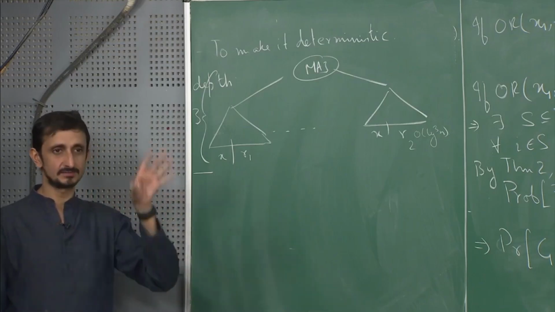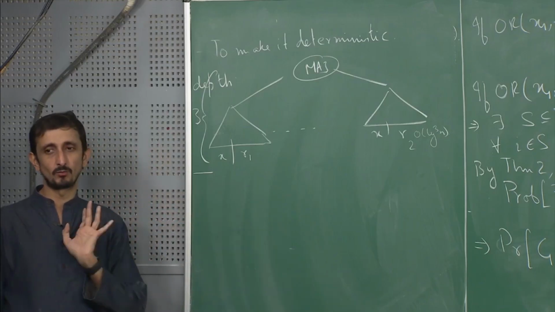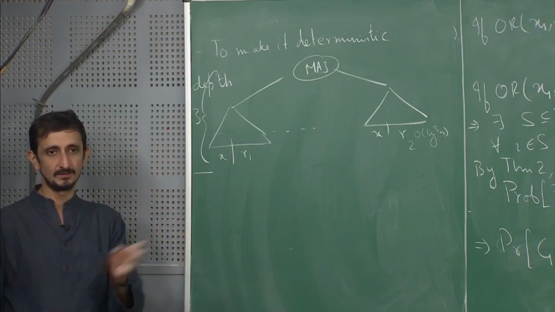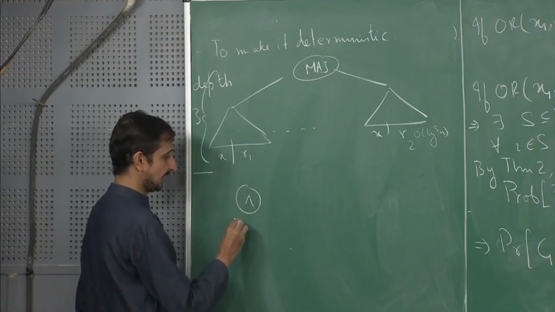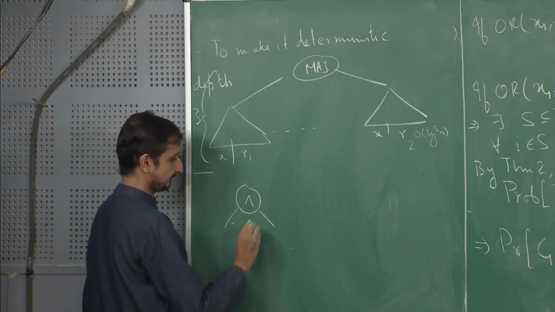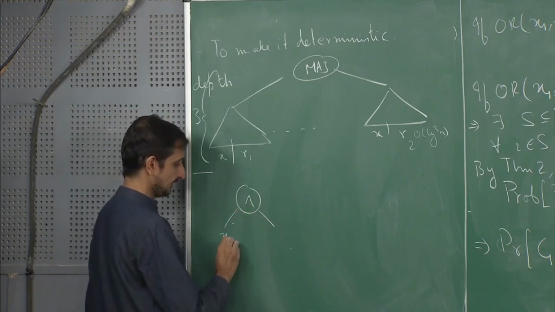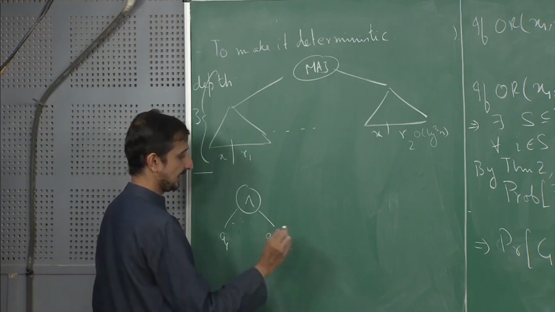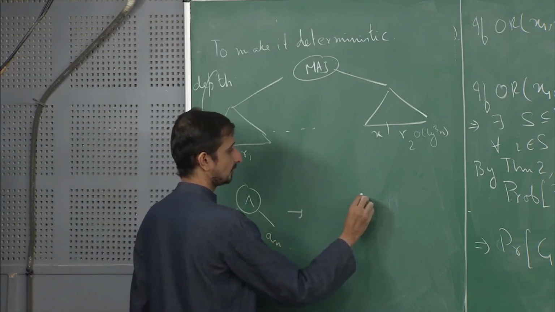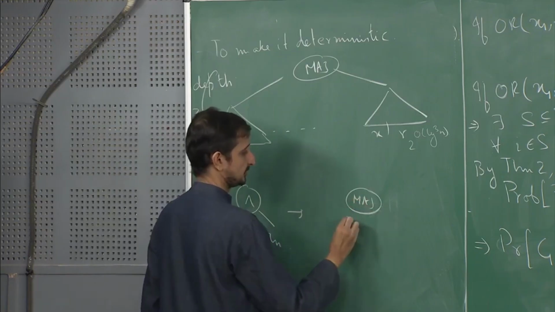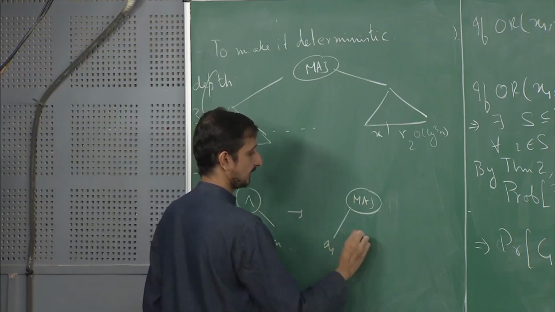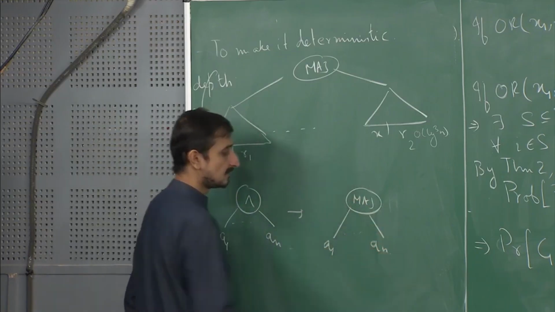You can add constants. So how many constants and what kind of constants will you add? Let us look at it as a simple exercise. Suppose I have n bits, let us say A1 up to An. Now I want to convert this into a majority. So of course it will take A1 up to An.